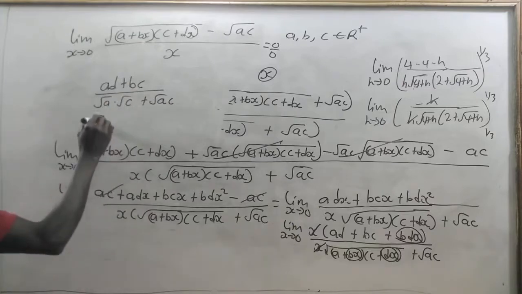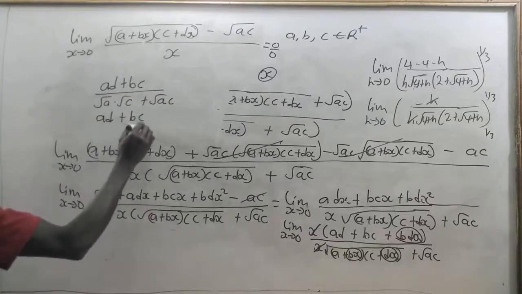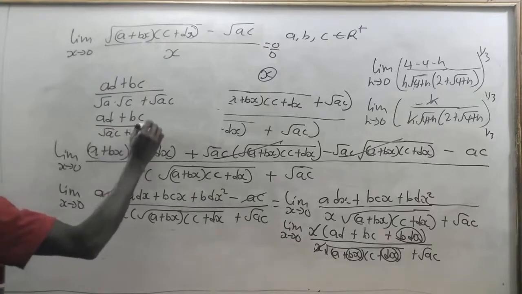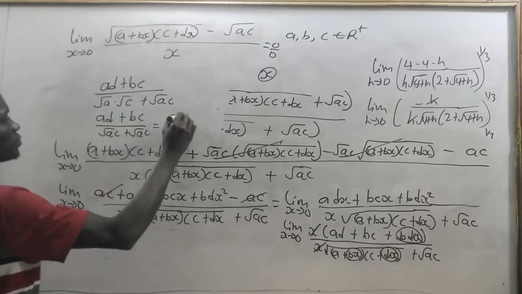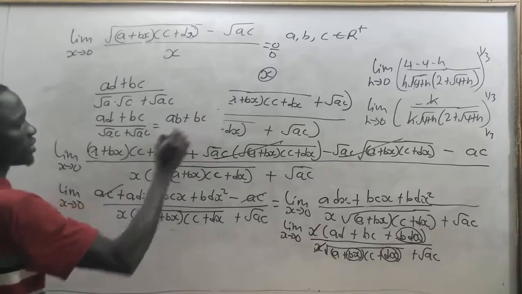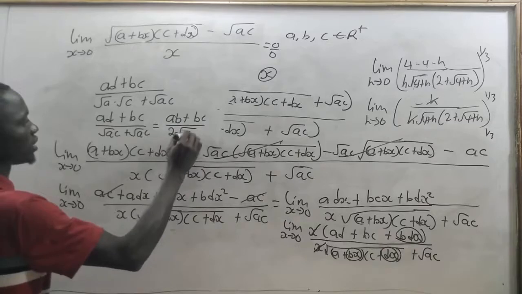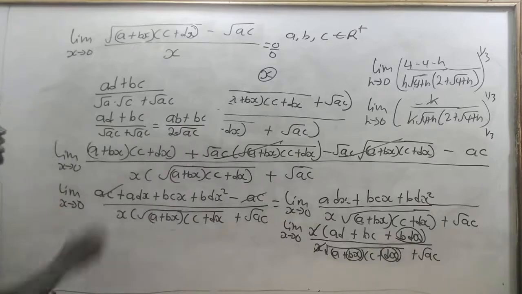And that will give us AD plus BC divided by root AC plus root AC. That will give us AD plus BC divided by 2 root AC as the final answer for the limit as x approaches 0 of the square root of a plus bx times c plus dx minus the square root of ac, divided by x.